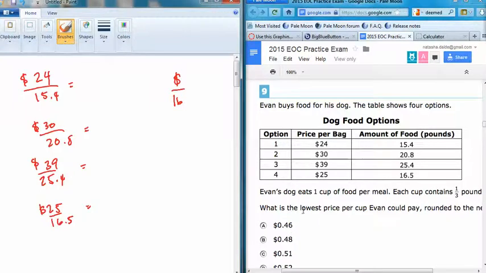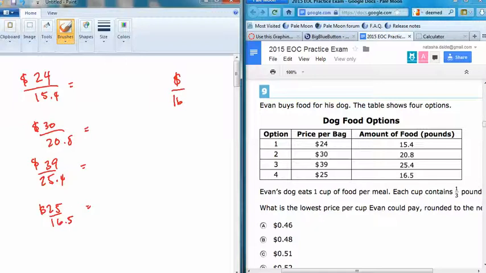Why? Because they see the words lowest price per cup. So they say, if it's the lowest price, I'm going to choose the cheapest one. I would say that 90% of the time when I see the words lowest price, it's never the smallest number. In fact, sometimes it's the biggest number they give, and they're just doing it to mess with you. Don't let them mess with you.